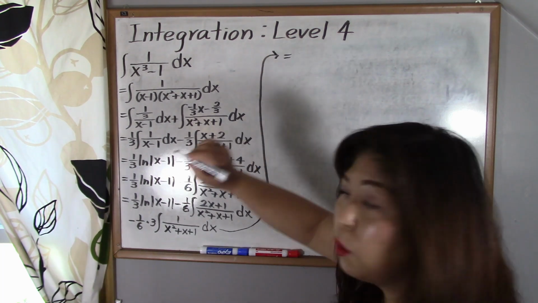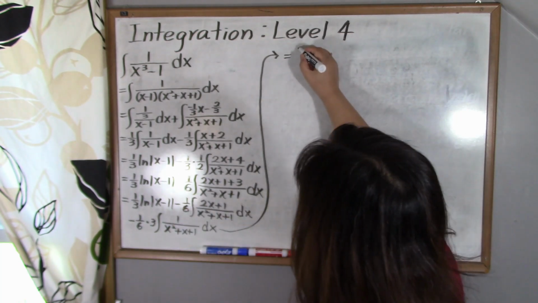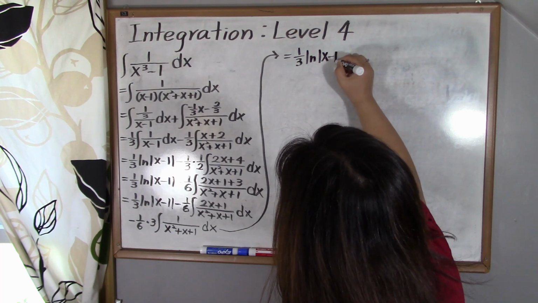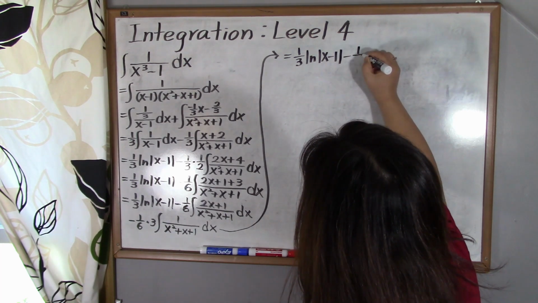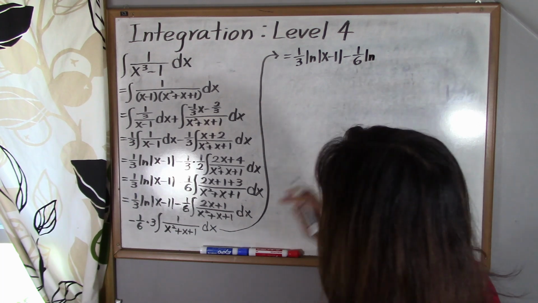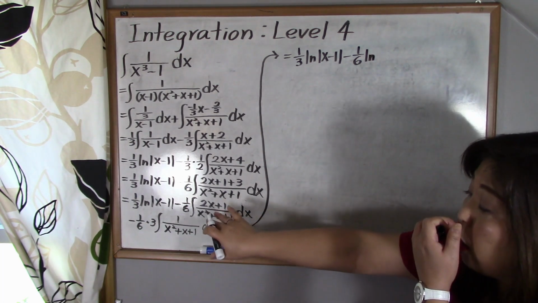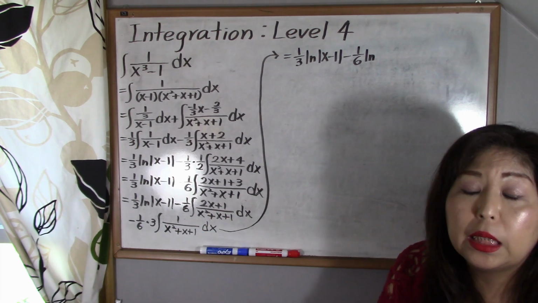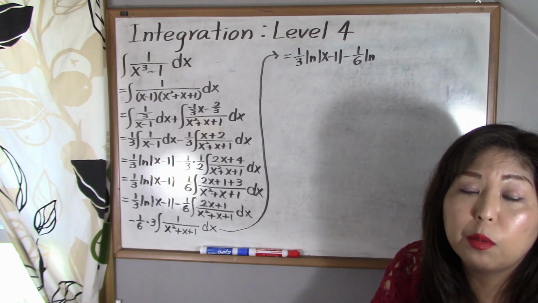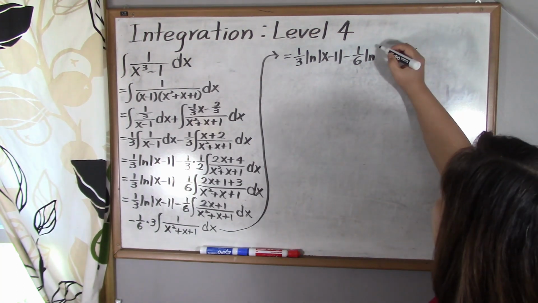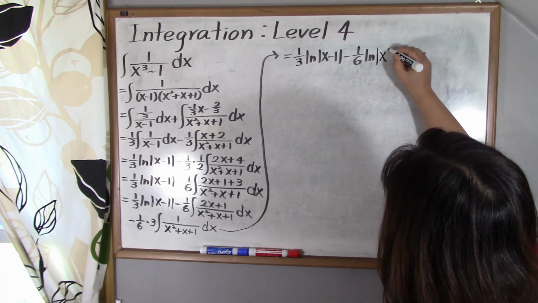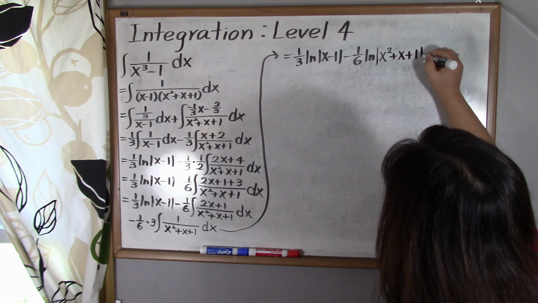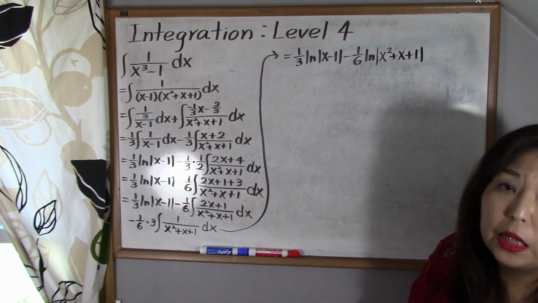So is equal to, I'm going to rewrite this one, 1 over 3 ln absolute value of x minus 1 minus 1 over 6 ln. So what is the ln? Integral of 2x plus 1 over x squared plus x plus 1. This is the chain rule. If you use u substitution, you're going to see it, right? So ln absolute value of x squared plus x plus 1. Right? This is a chain rule.